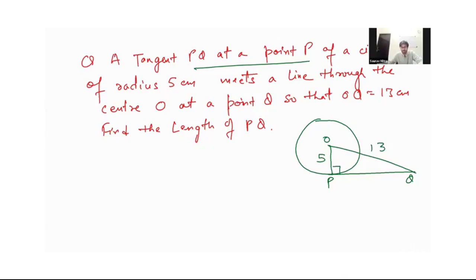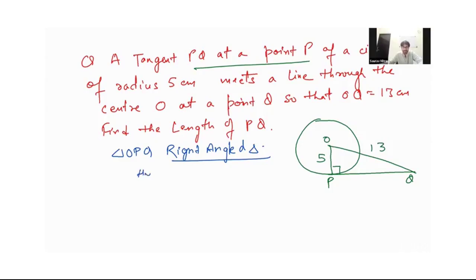Since it is 90 degrees, this is a right angled triangle. Triangle OPQ is a right angled triangle. And in a right angled triangle we know the famous theorem, Pythagoras.